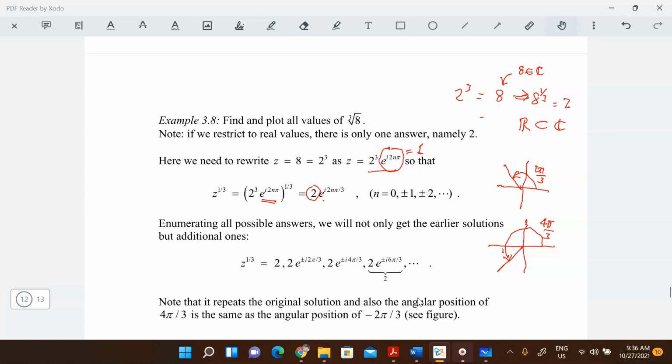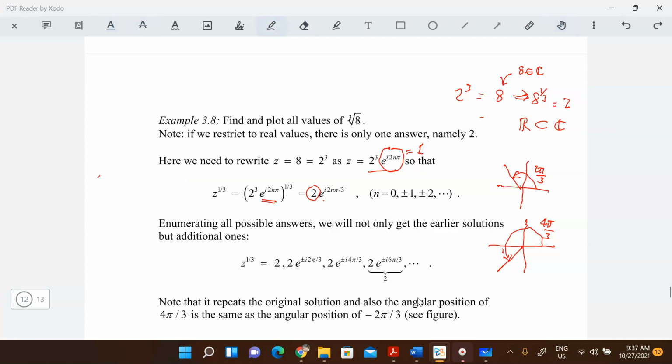If I go to n equals 3, then I get exponential i 2 times 3 times pi, over 3. Sorry, what am I doing?